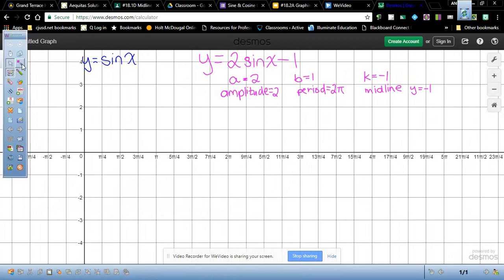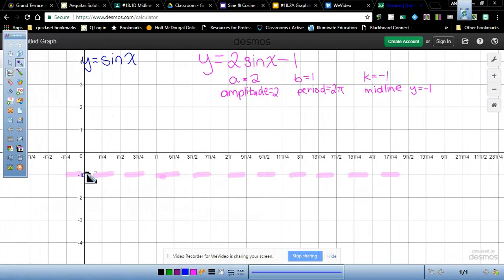All right, so as I was saying, the midline is through -1. This is an imaginary line. It's what is in the center of my crest and troughs. So sine always starts at its midline.